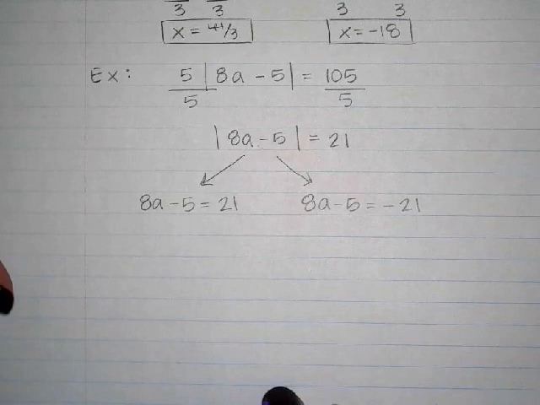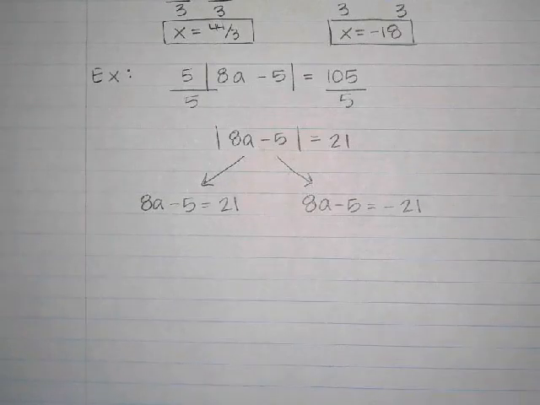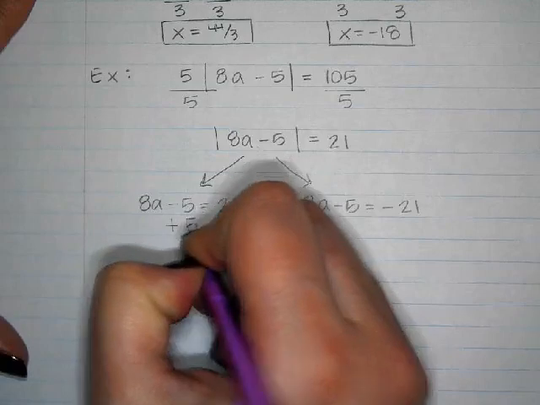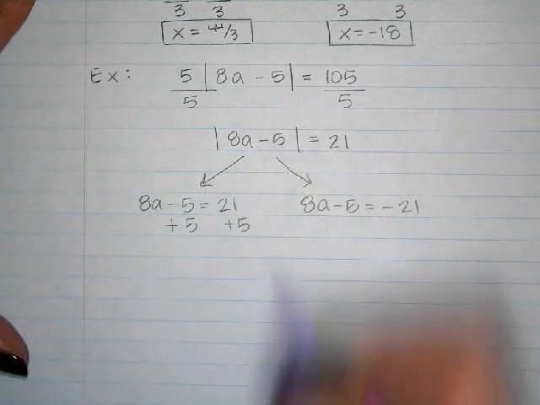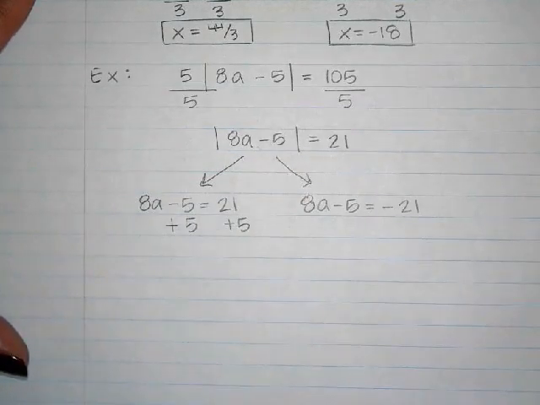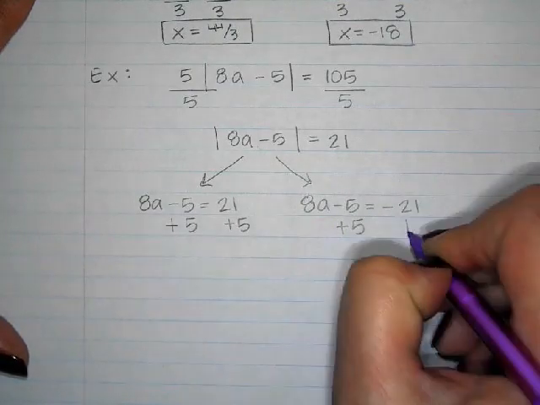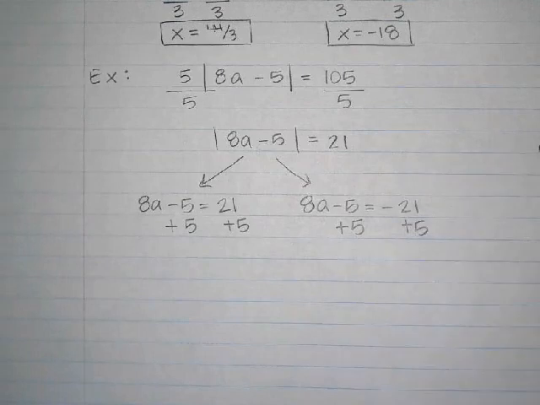Okay, so what should I do now? I'm going to add the 5. And it looks like we're going to get fractions for both of these answers. So it's okay if you're working ahead getting fractions.